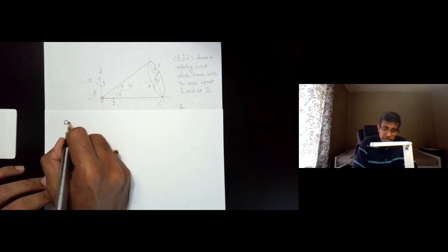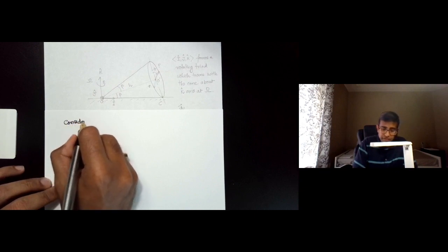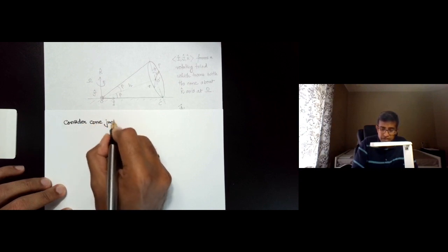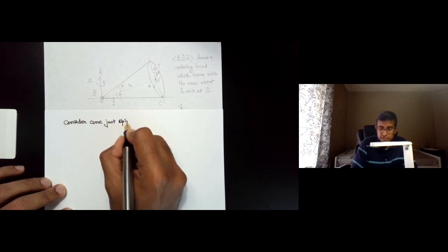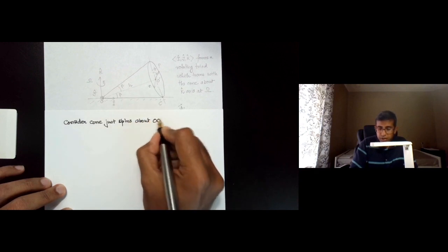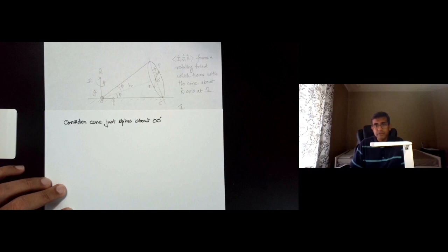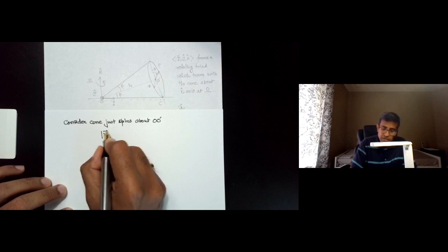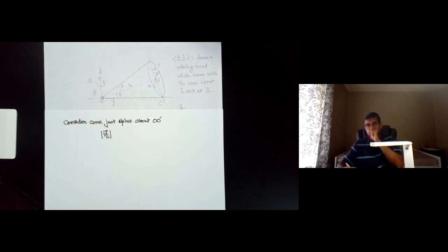But for now, consider the cone just spins about O prime. This is not a formal calculation.